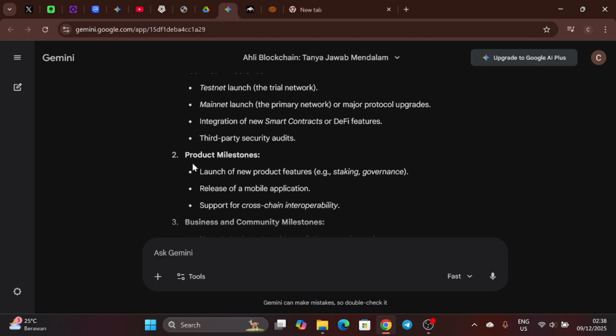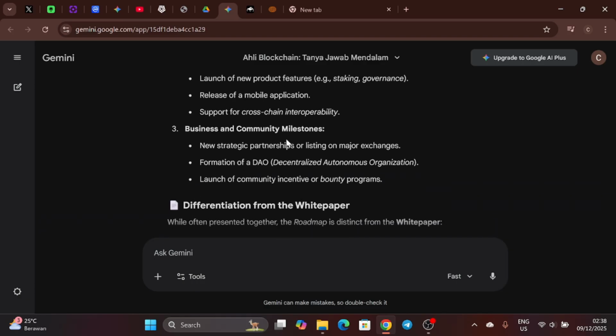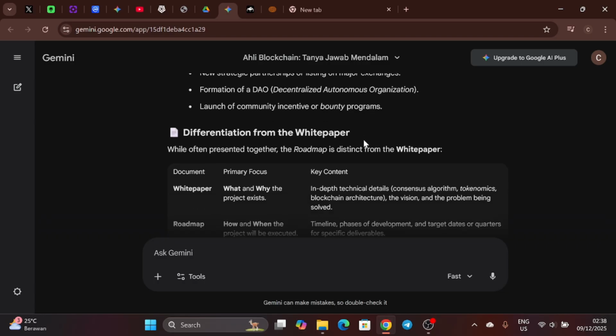Product milestones: launch a new product, release a mobile application, support for cross-chain interoperability, like I mentioned before. Business and community milestones: strategic partnerships, listing on major exchanges, formation of a DAO, launch of community incentives and a bounty program.